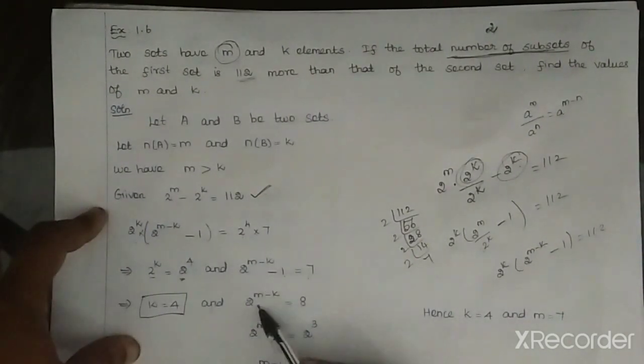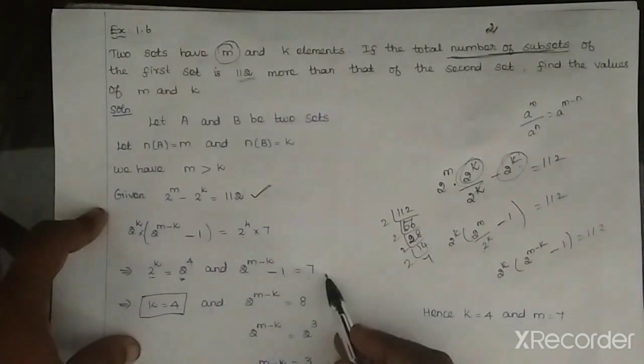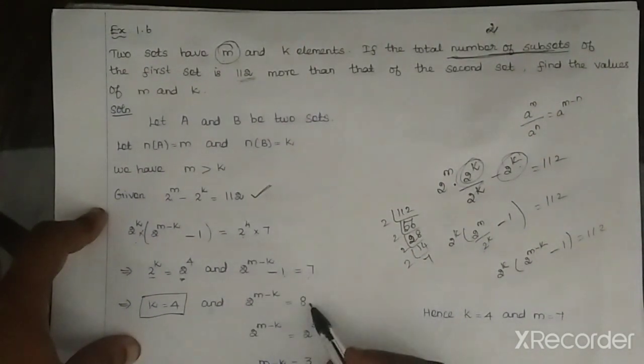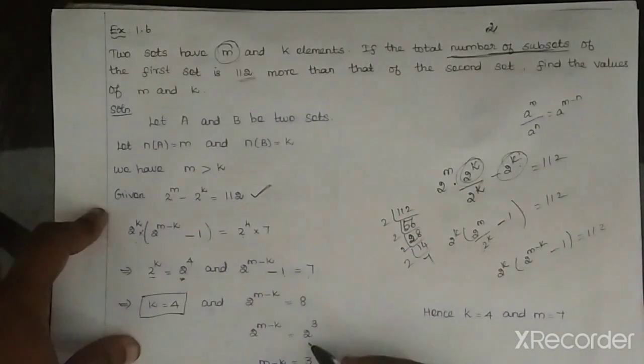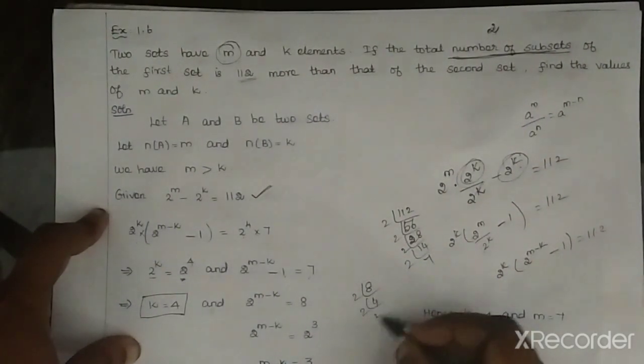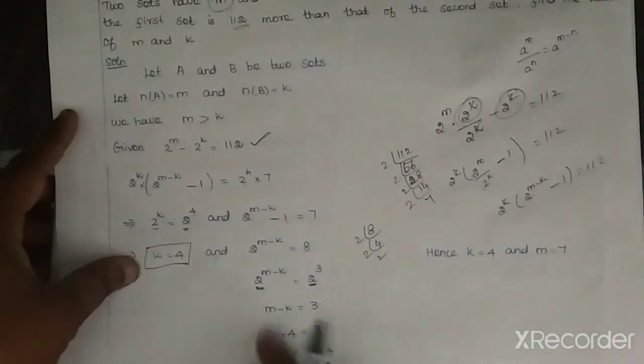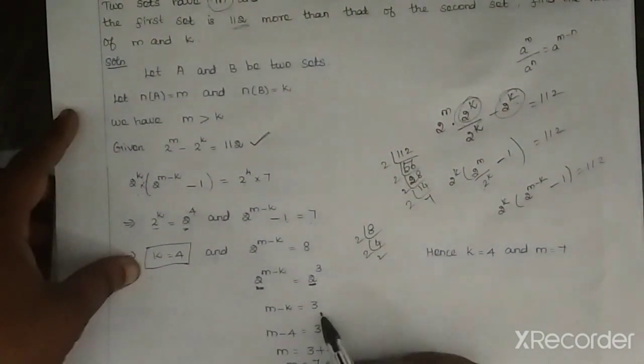Here 2 power m minus k minus 1 equal to 7. When minus 1 goes to the right side, it becomes plus 1, that is 8. Then 8 we can write as 2 power 3. So here the base values are equal, therefore we equate the powers. So m minus k equal to 3.